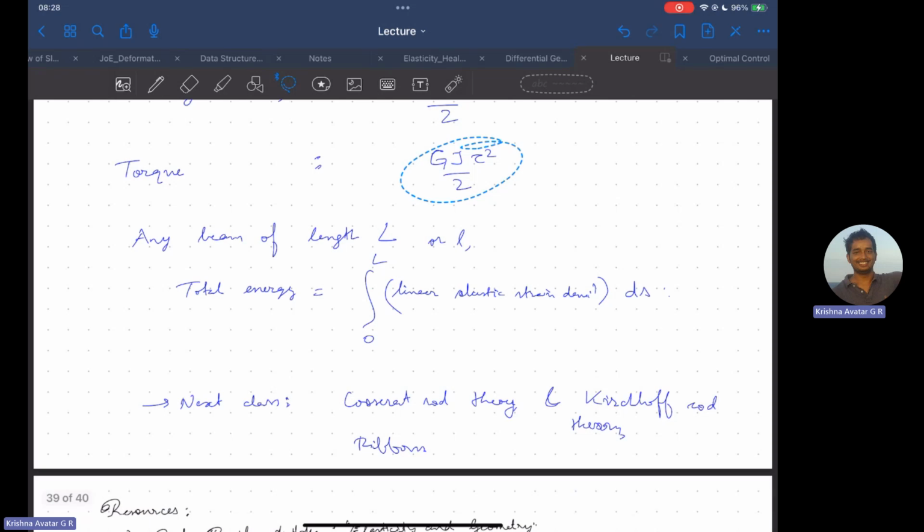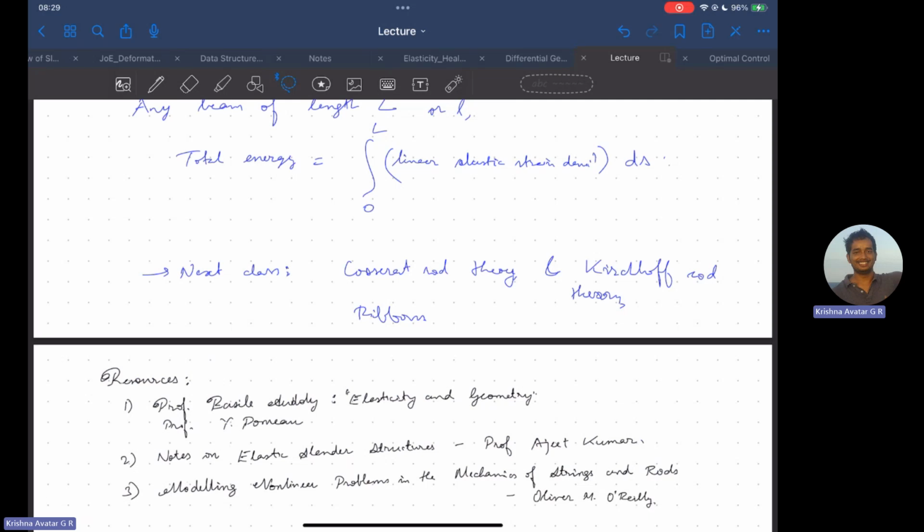And if you would like to determine the total energy of a beam of length L, we just integrate the linear strain energy density along the center line coordinate. Okay, so this was a review of the previous class. I just wanted to take some time to refresh all that so that we can now proceed to understanding the Cosserat rod theory and Kirchhoff rod theories particularly.